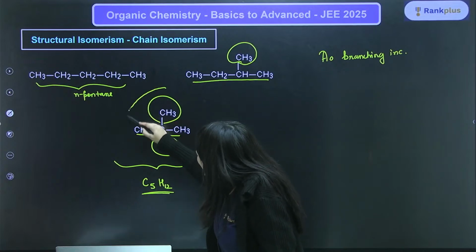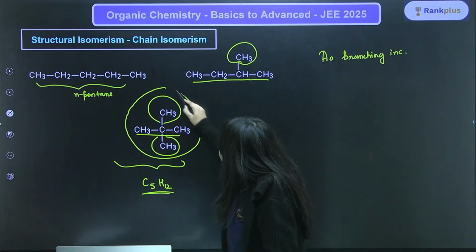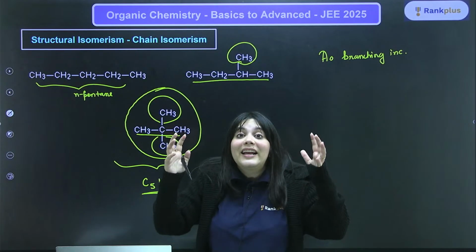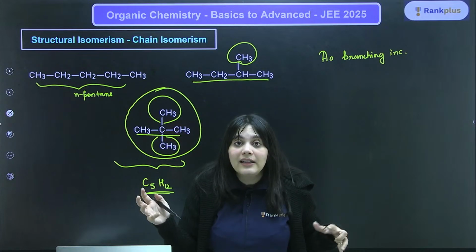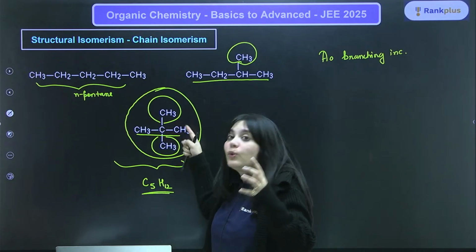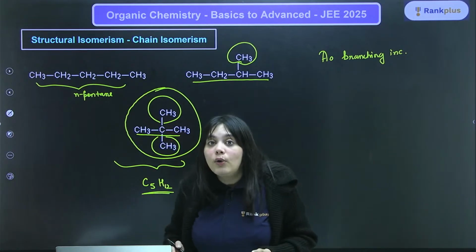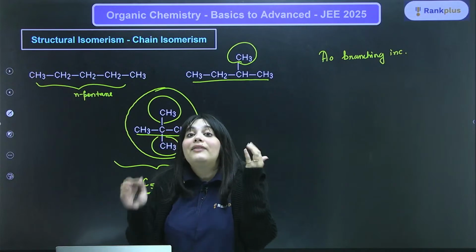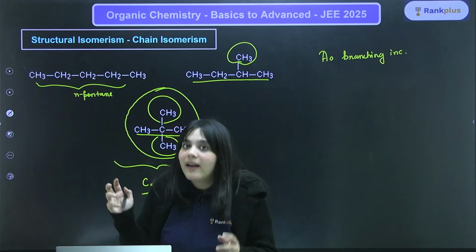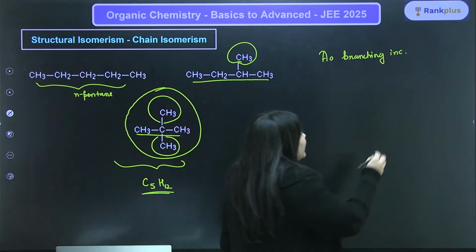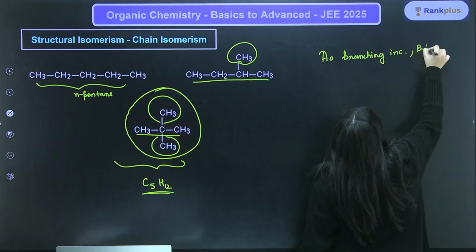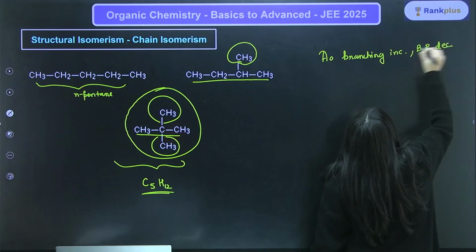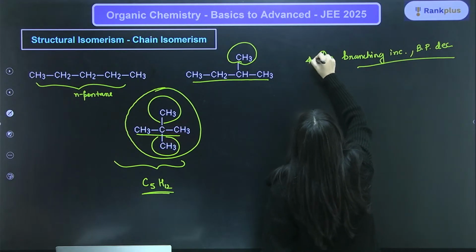As the branching is increasing, the molecule is actually getting a spherical structure, and we all know that spherical structures have the least surface area. Hence, as the branching increases, the boiling point actually decreases. This is a very, very important relationship.